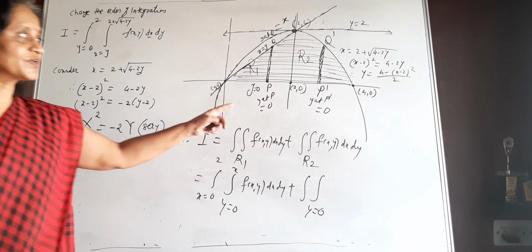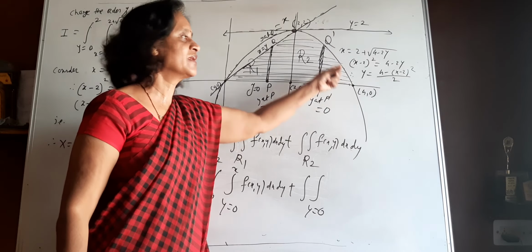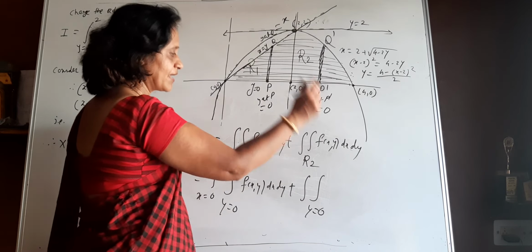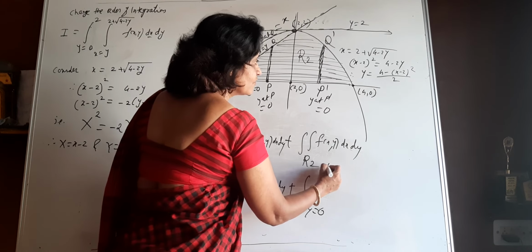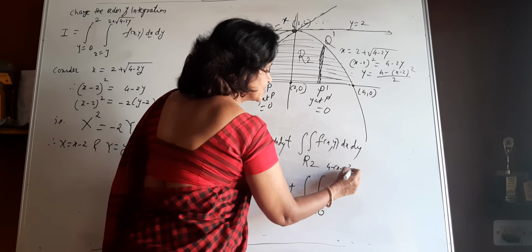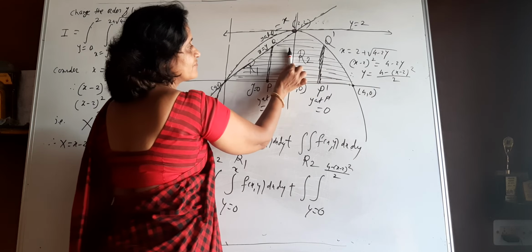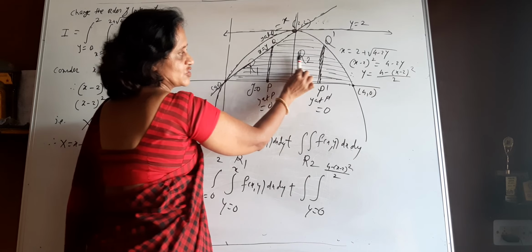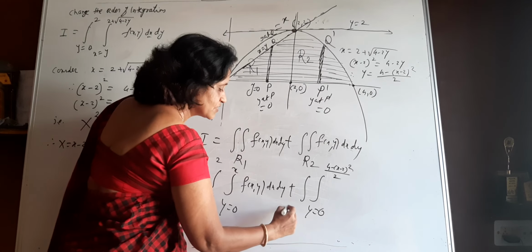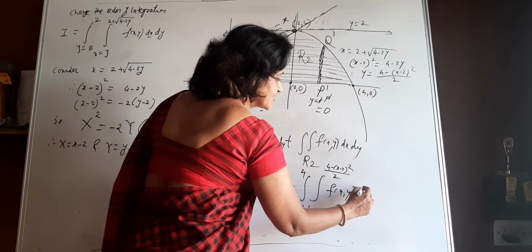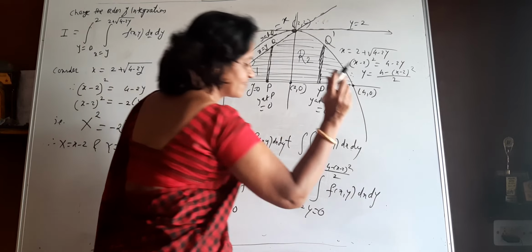Just as we wanted to find what is y at this point, Q dash lies on this curve. We found y is this. So my upper limit is (4 minus (x minus 2) whole square) upon 2. And again move the strip from left to right. Leftmost x is 2, this is 4. So I have x from 2 to 4, f(x,y) dx dy.